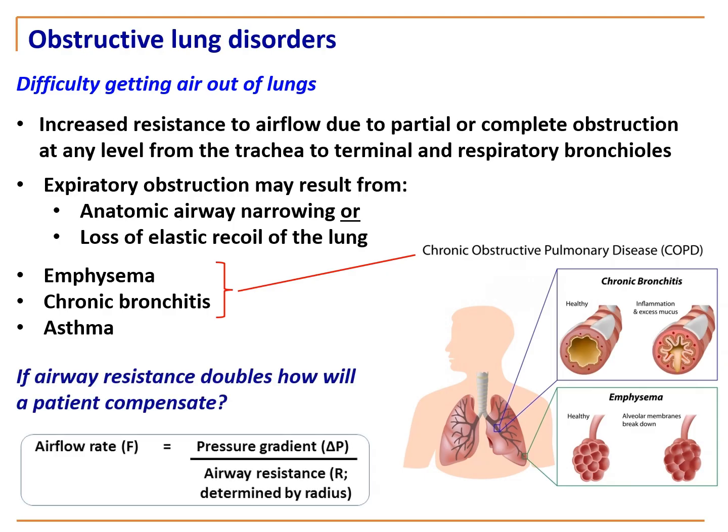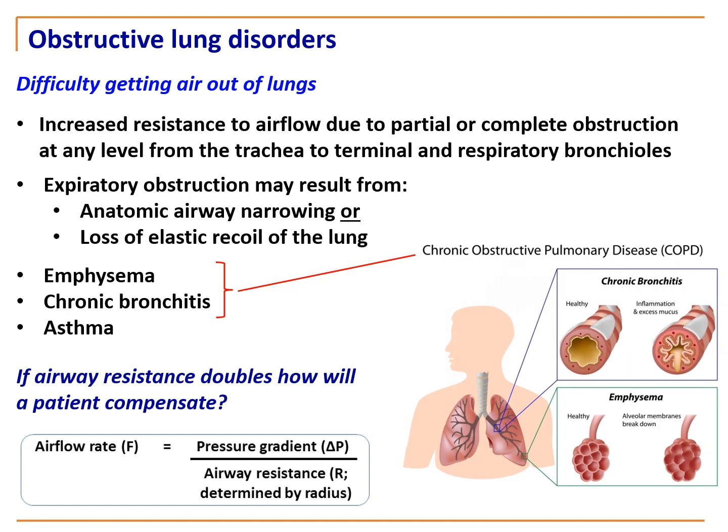So in both conditions we're having issues with obstruction or difficulty getting air out of the lungs. In other words, if the airway resistance doubles, the airflow rate changes because of that. But if our airway resistance doubles, how will a patient compensate? So I just want you to have a little look at this.